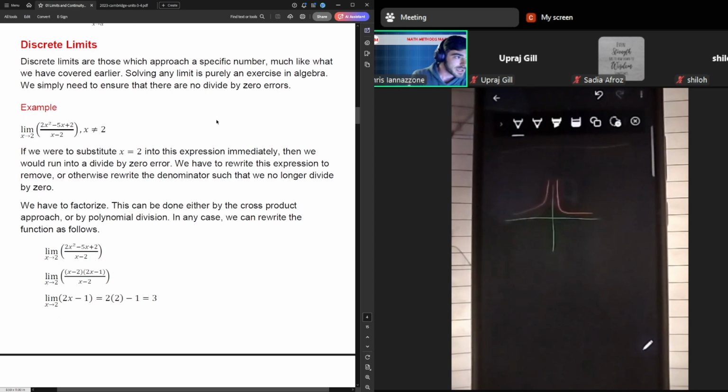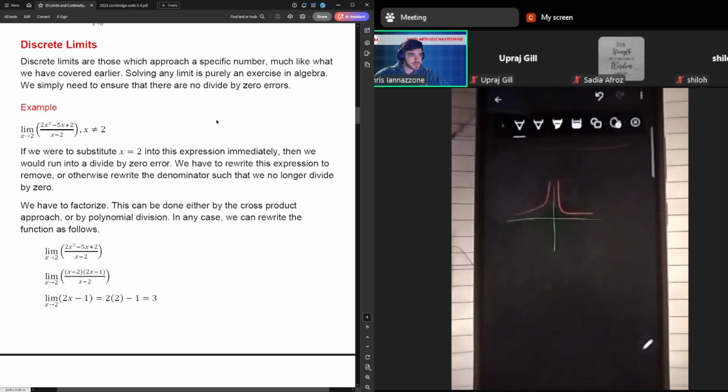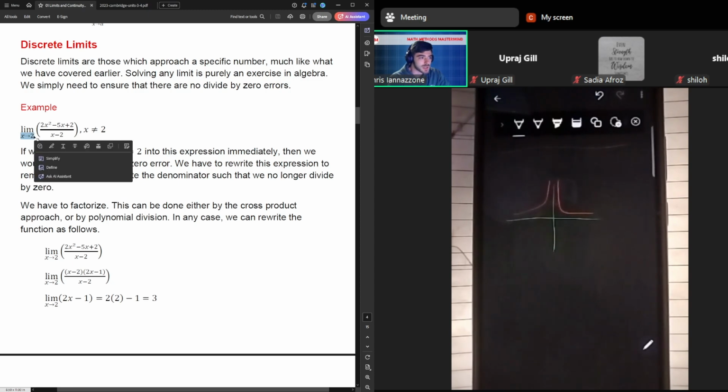So, as far as solving some questions around limits, the first kind of question you'll see is what's known as a discrete limit, which is the limit as x approaches a specific value. Same example as we were doing before, right? It was approaching x equals 0. That's a specific x value.